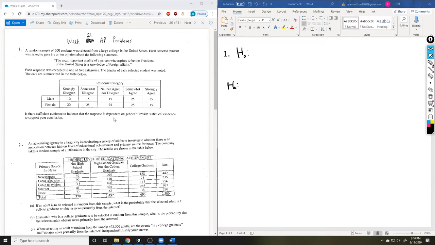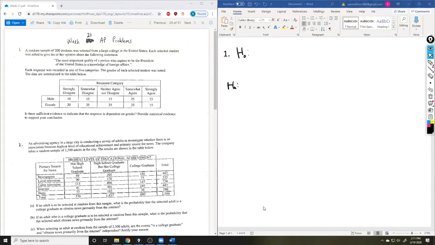Do we have 2 separate samples, or do we have a sample that we are dividing into 2 different treatments, like an experiment? Here we're not. We're just asking male or female, and what category are you in for the question. Does that make some sense? Any questions on that? Yes, makes sense.